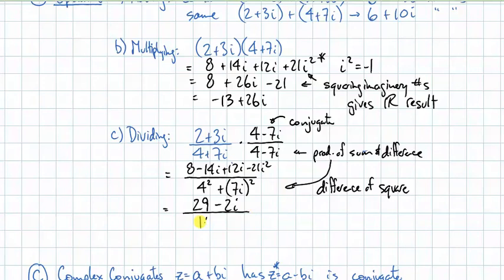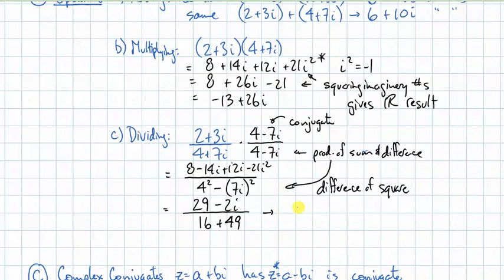The denominator, 4 squared is 16. i squared, well, that's -1. 7 squared is 49. So this is actually, you know what, I've written that wrong. That should be a minus there. I don't know why I put a plus there. This should be i squared, which is -1, and 7 squared is 49. So this is -49 being subtracted. Therefore, it's positive 49.